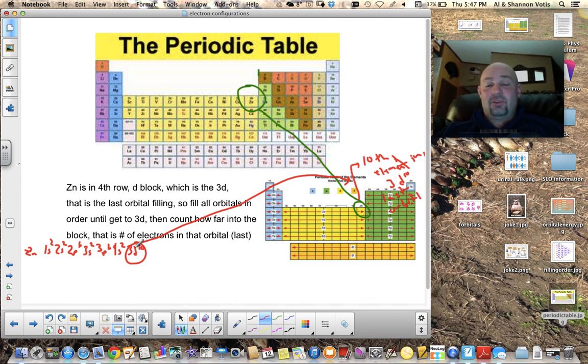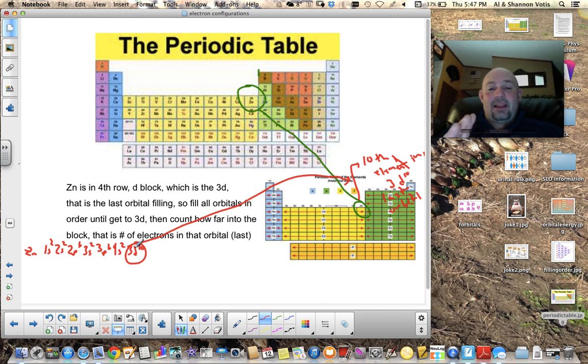So that means I could really quickly go through, knowing my filling order, and put all the electrons in, since I know I'm going to end at 3d10. I don't even have to count the electrons at the end to know I have the right number. It'll be 1s2, 2s2, 2p6, 3s2, 3p6, 4s2, 3d10. Again, that comes from right here: 1s2, hydrogen, helium; 2s2, lithium, beryllium; 2p6, these elements; 3s2, because it's the s block again; 3p6 from the p block; 4s2; 3d10, that element.